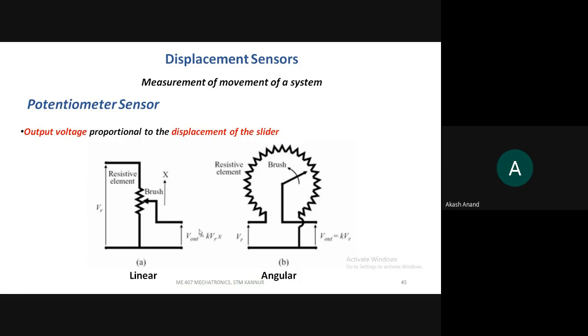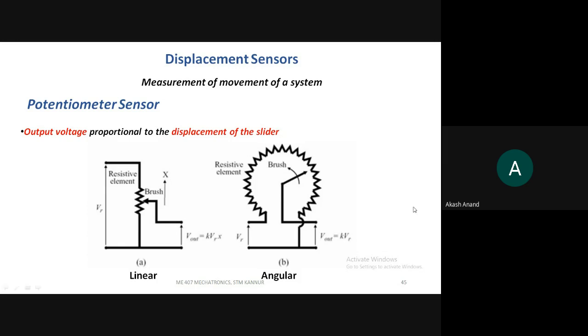When the wiper moves along the track, that is, in case of linear, this is the linear track, and in case of angular, this circular one is the track, it measures the displacement by proportionally dividing the input voltage.